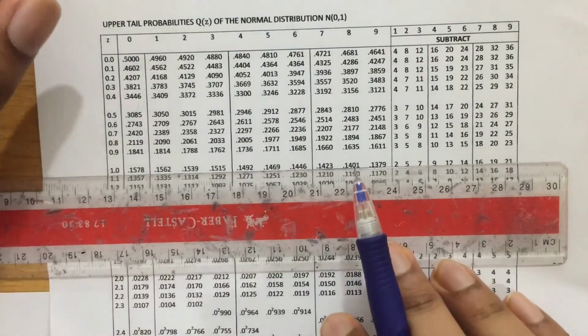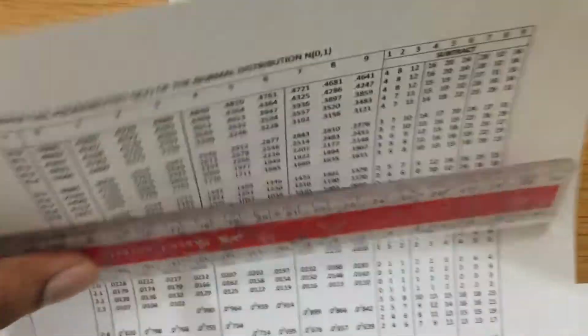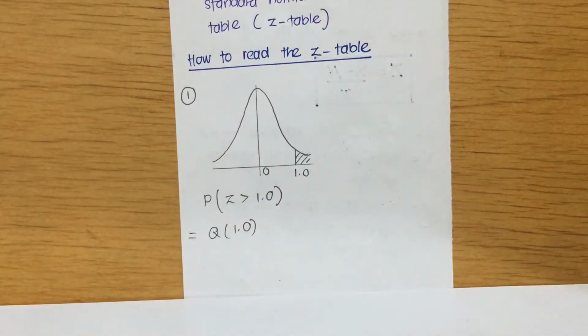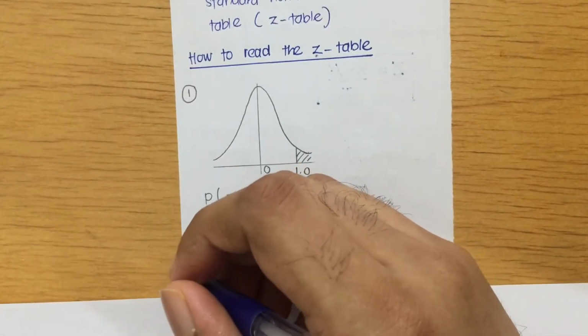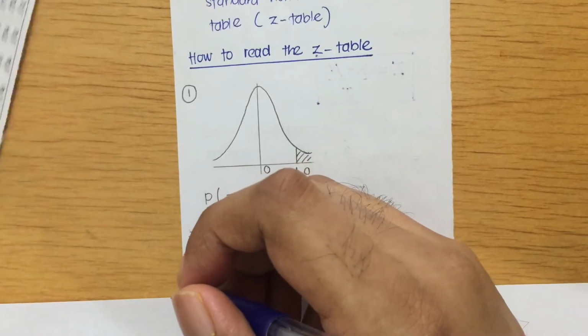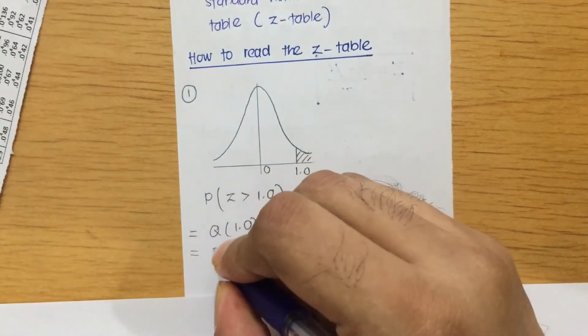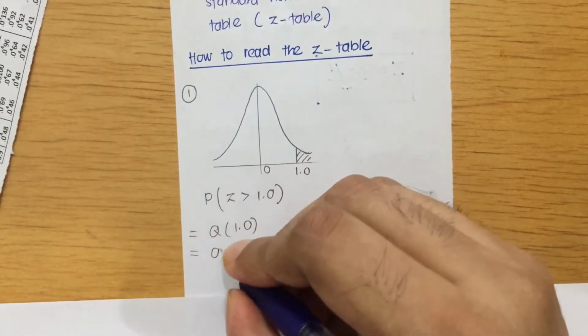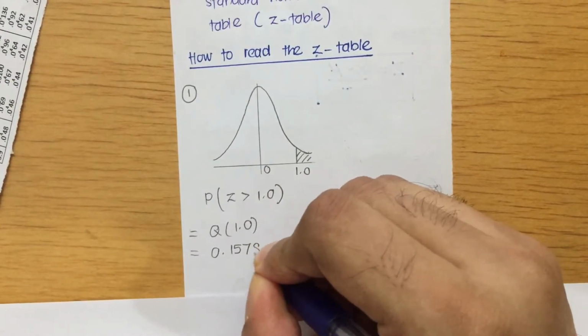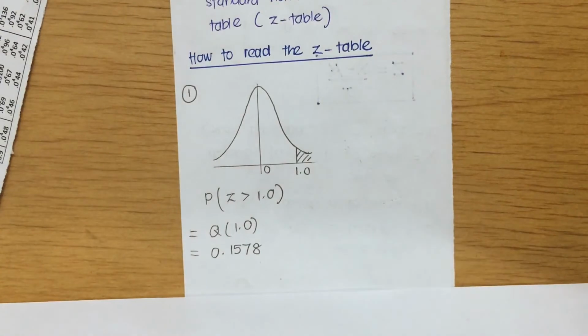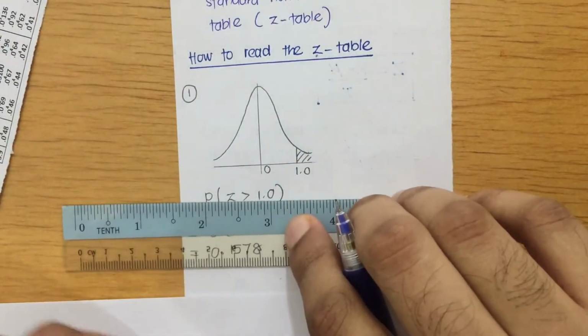So it's that simple actually. So Q(1.0) is equal to 0.1578. So this is your answer. It's quite straightforward.